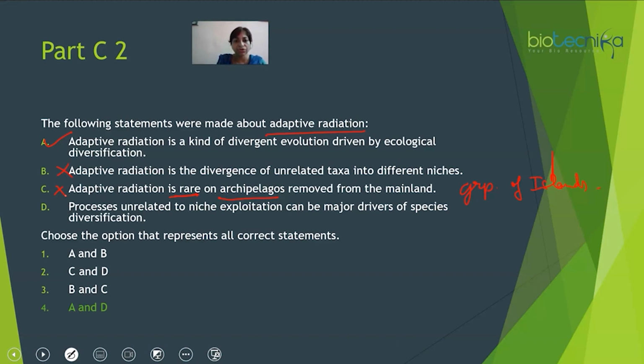So that will also cause adaptive radiation. It's not always niche exploitation that causes adaptive radiation, but other forces like mass extinction or migration also result in rapid adaptive radiation. So option D is also correct. So the answer will be statements A and D, option 4.